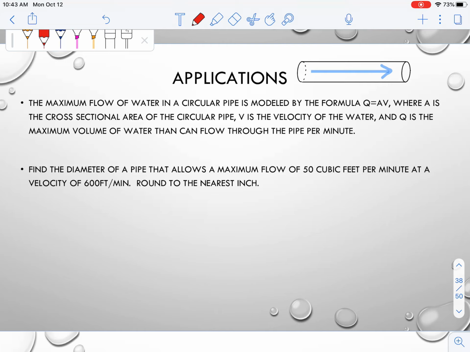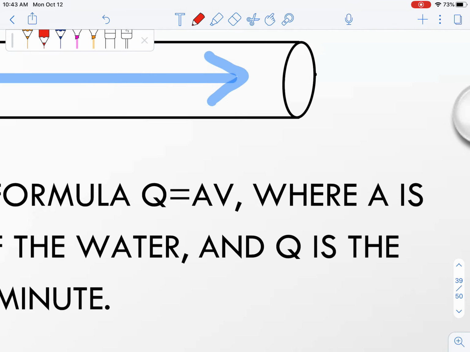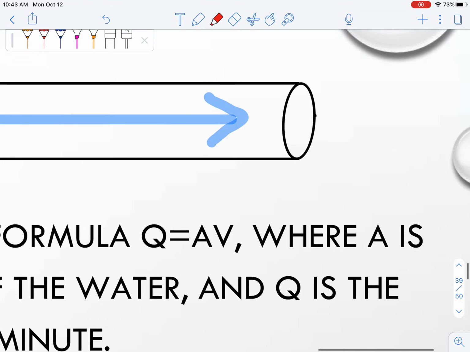So first things first, and I already drew a sketch up here of a pipe and the water flowing through. Let me zoom in here for a second. What I'm looking for at the moment is the cross-sectional area of that circular pipe. This is a circular section, so area equals pi r squared.